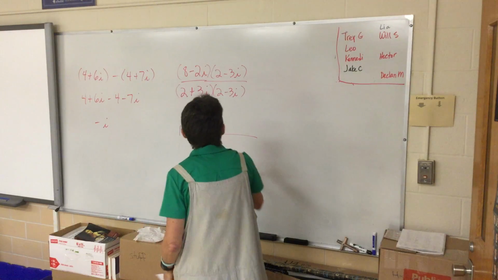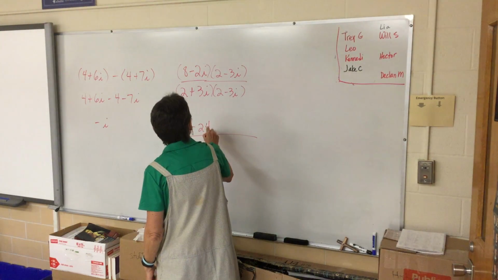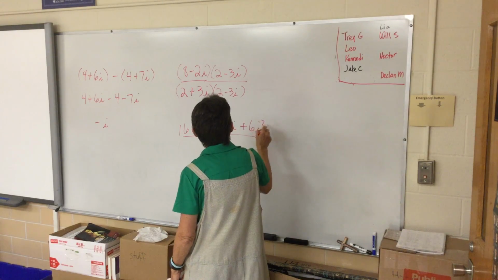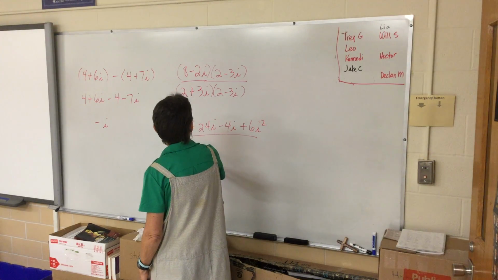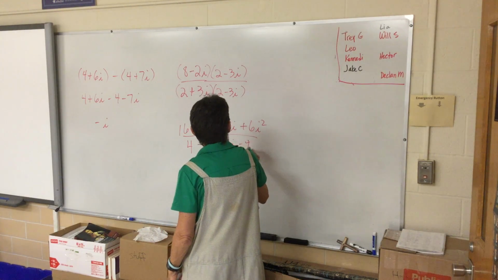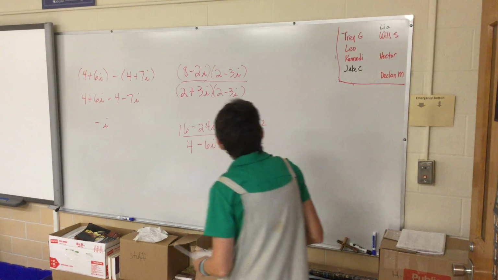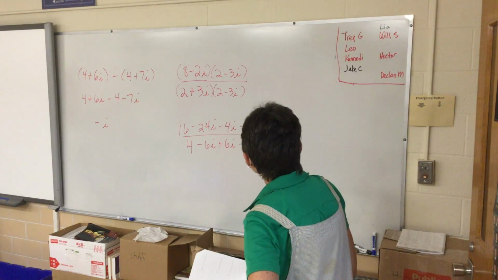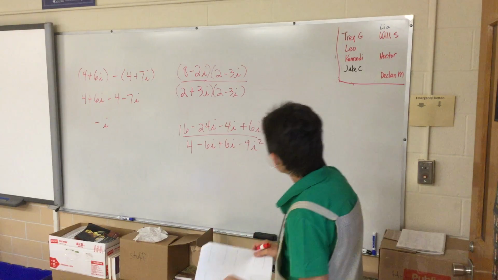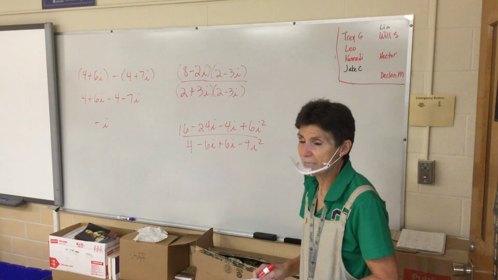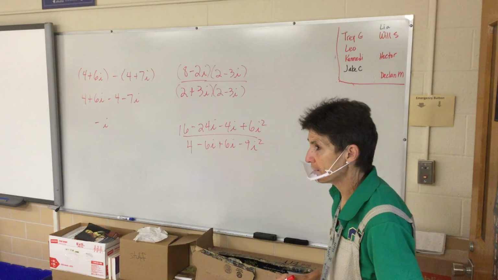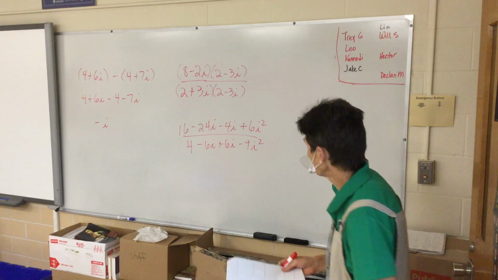Alright, so first, outside, inside, last. Just be careful with your arithmetic. And if I did that right. Now, what's the next thing I have to take care of or have to remember? i squared is negative 1.